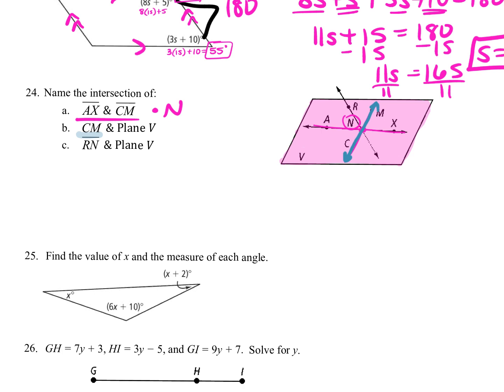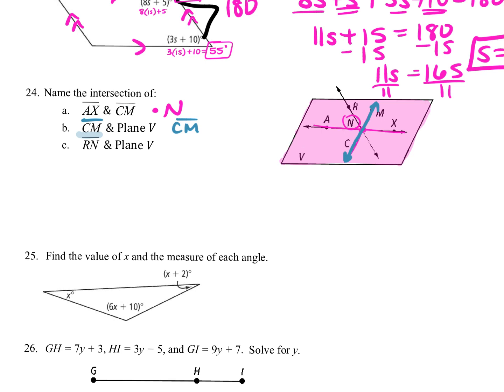So the intersection, let me erase this to show you how they named it. It says segment CM. Okay, where does that intersect? Sorry, things wigged out a little bit. Segment CM would be the overlap, just that segment itself. So you would say segment CM.